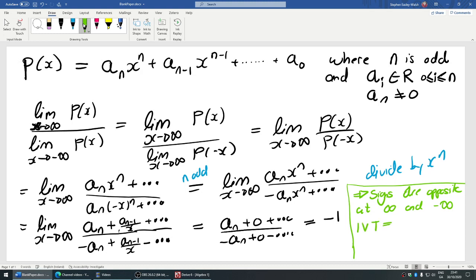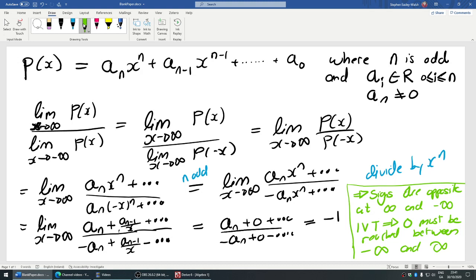implies then that 0 must be reached between minus infinity and infinity. So if they are opposites in signs, one end is plus and the other end is minus. It doesn't matter what the number is, a positive number and a negative number.